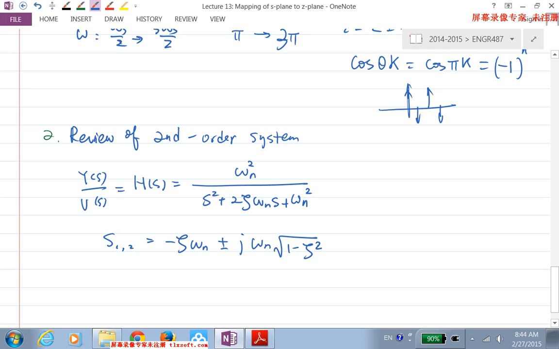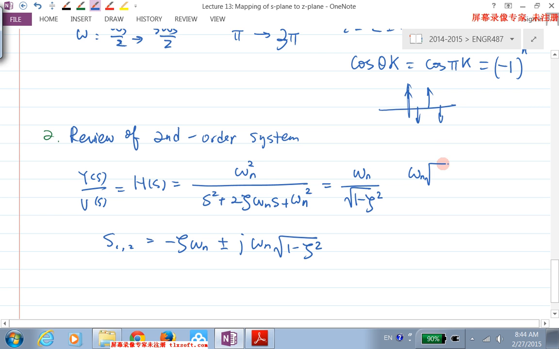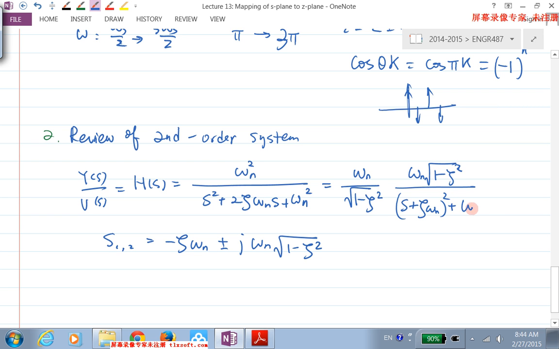If you want to rewrite this second order system, it's equivalent to omega n over the square root of 1 minus zeta squared, times omega n times the square root of 1 minus zeta squared, over (s plus zeta omega n) squared plus omega n squared times (1 minus zeta squared). So that's your H of s.